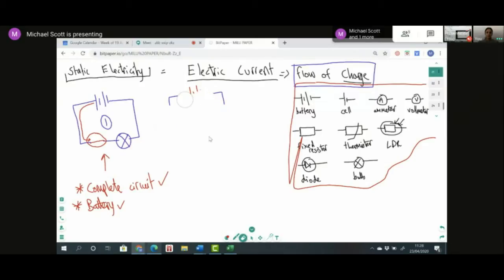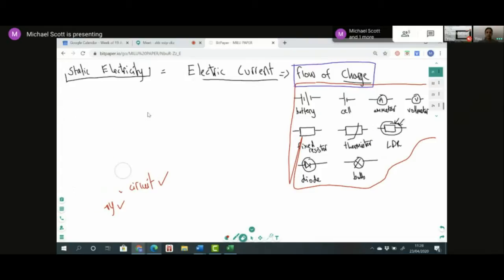There are 2 circuits that you are expected to know about at GCSE. You should be able to spot these circuits and understand what is happening to the charge in each circuit. So let's take a look at the simplest circuit, which we call a series circuit.